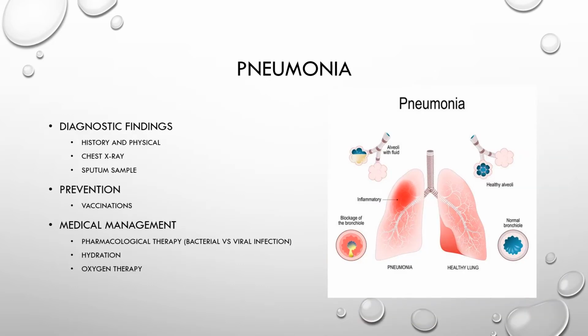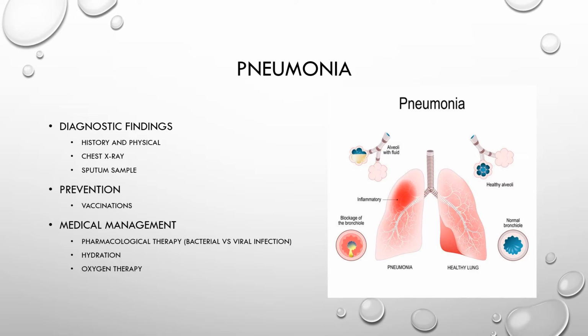When we look at diagnosing somebody with pneumonia, this is completed by doing a complete history and physical on the client. They will undergo a chest x-ray, and if they are having a cough with a sputum production, the sputum would be monitored for a culture and sensitivity as well. In severe cases, the client may undergo a bronchoscopy.